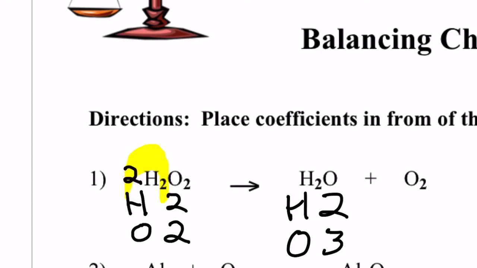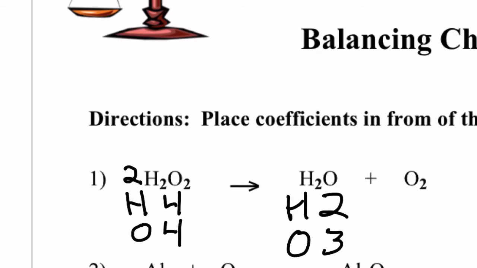So 2 times 2, I now have 4 hydrogens. Then I do 2 times 2 for the oxygens, and I now have 4 oxygens. So now the whole thing's completely out of whack.